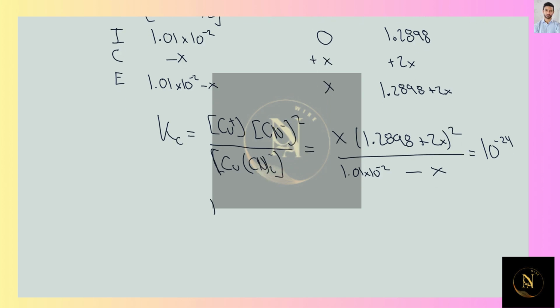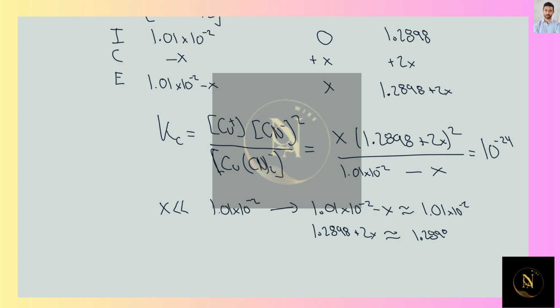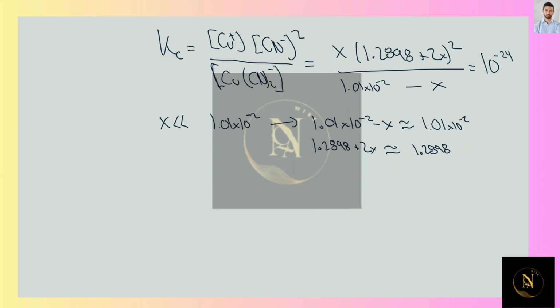So if x is much smaller than 1.01 times 10 to the minus 2, we can rewrite this: 1.01 times 10 to the minus 2 minus x is going to be approximately the same value. And on the upper side, 1.2898 plus 2x is going to be approximately 1.2898, which simplifies our equation.